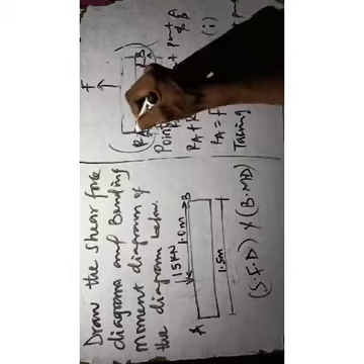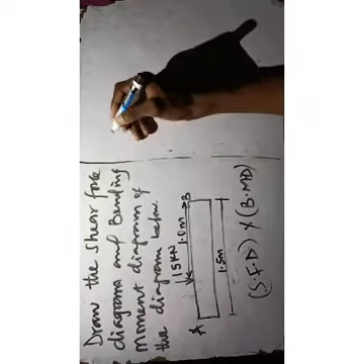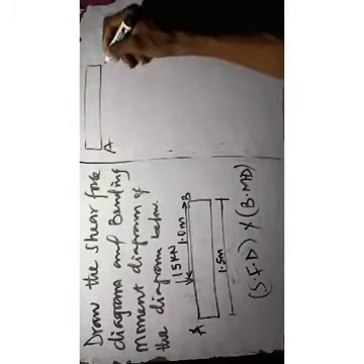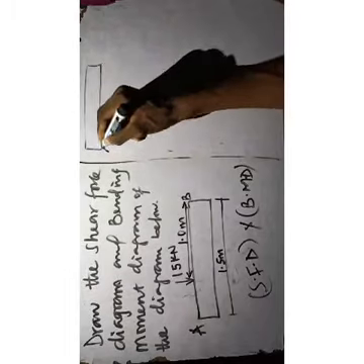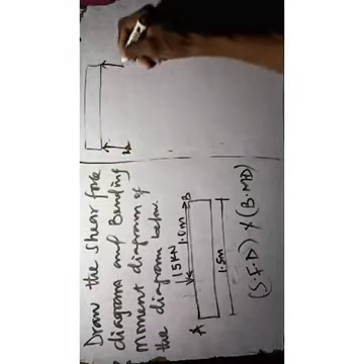Now taking moments, you can prefer taking a moment at point A. Don't forget to take the moment here. We could redraw it like this: A, B, RA, RB.